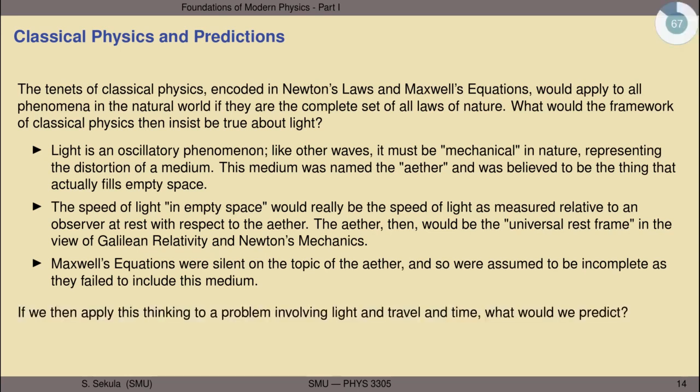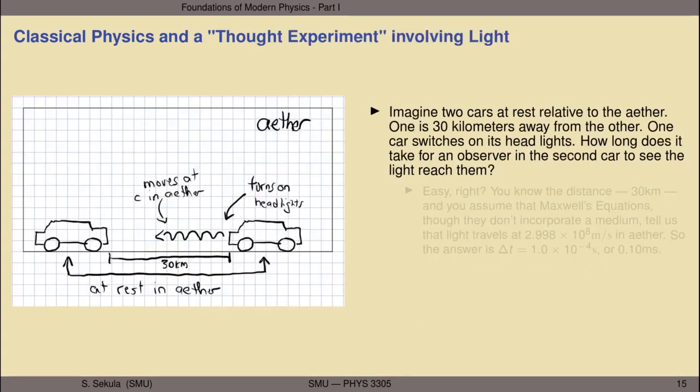So if we then apply this thinking to a problem involving light and travel and time, what would we predict? Let's put ourselves in the role of sort of late 19th century physicists. We've learned all this stuff. It's been solid for 200 years. So what are we going to predict? So let's do a thought experiment. A thought experiment is a kind of experiment that you can carry out entirely inside of your head.